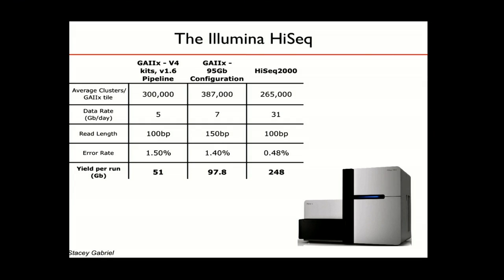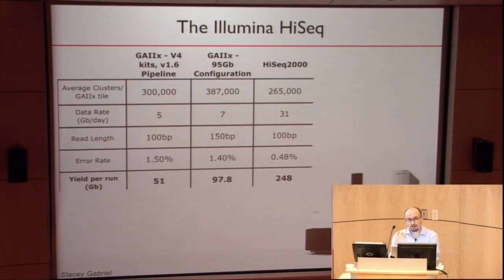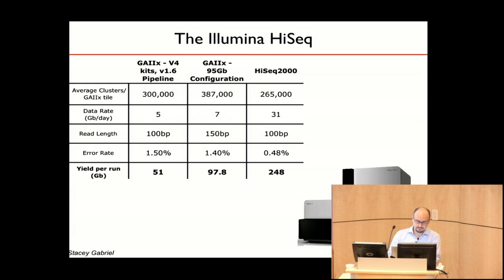A GA2X, which is a pretty advanced Illumina machine, is producing 50 gigabase runs. The HiSeq is already at 250, and there's talk about it going to 500 within 6 months. To give you an idea, 500 gigabases, there's 3 gigabases in a human genome. So this machine is producing around 80x coverage of a human genome per run. So it's a lot of data.